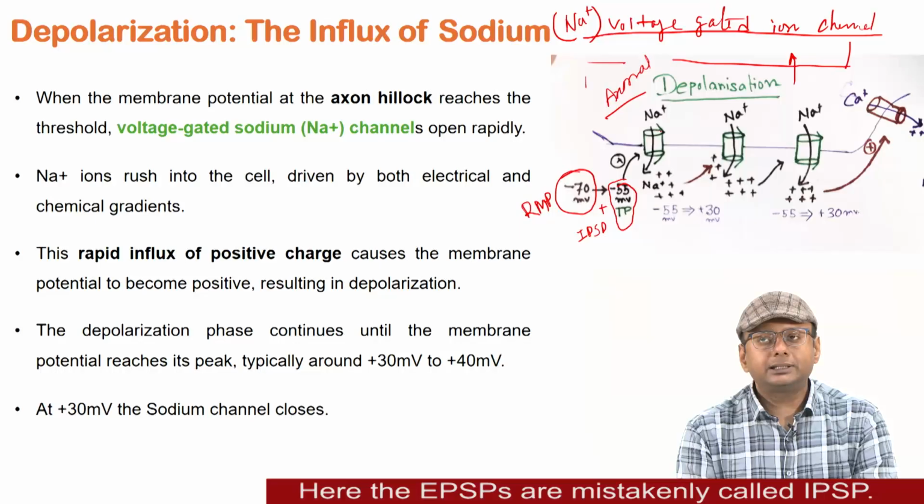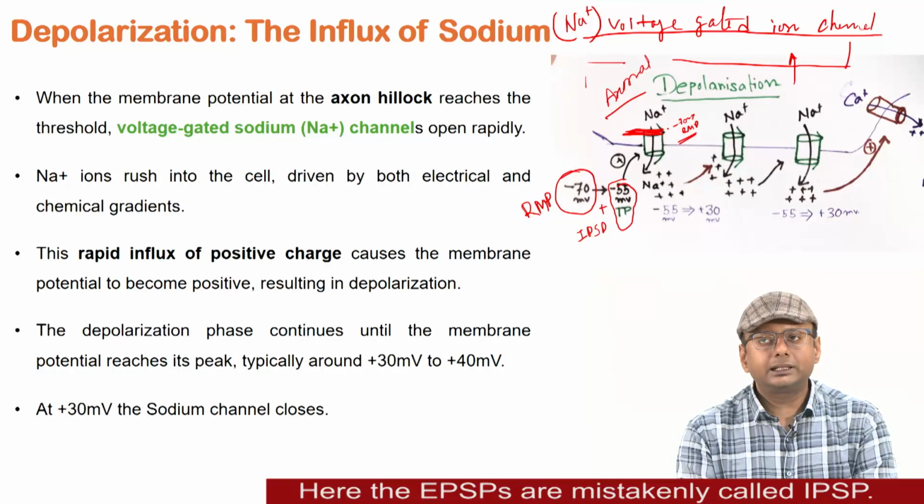Let's consider that in this ion channel there is a gate or door that generally stays closed. Initially the cell had this minus 70 millivolt resting membrane potential, so at rest these gated channels will be closed, but whenever the cell attains this threshold potential of minus 55 millivolt, these voltage gated channels get activated.